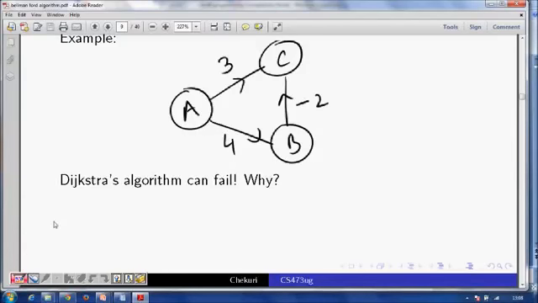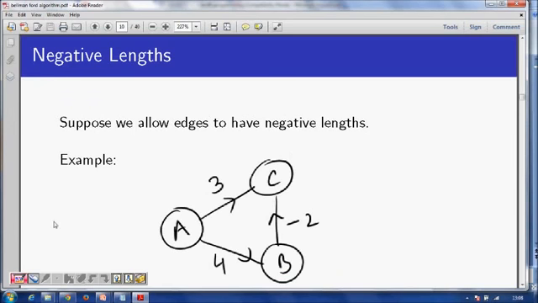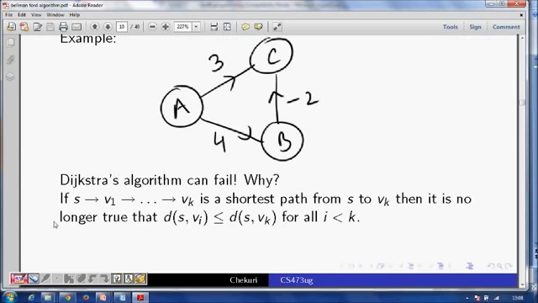Why will Dijkstra's algorithm fail for negative weight edges? What will be the problem with Dijkstra's algorithm? Let's try to analyze that. Dijkstra's algorithm is more efficient than Bellman-Ford if the edges are positive, but let's see why it fails.